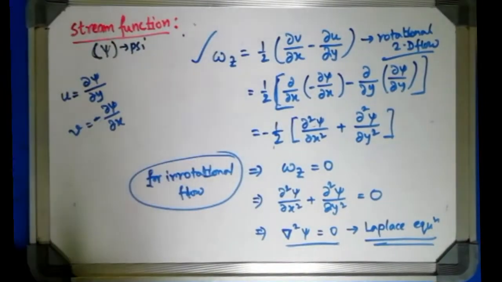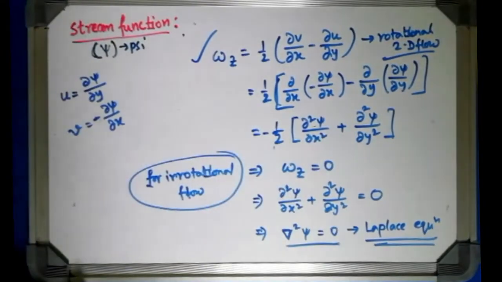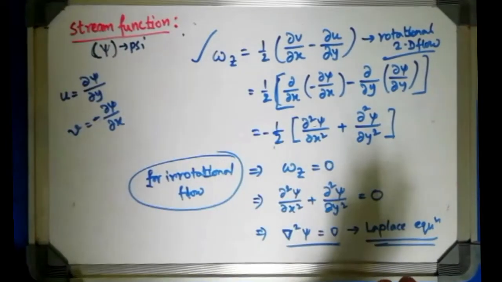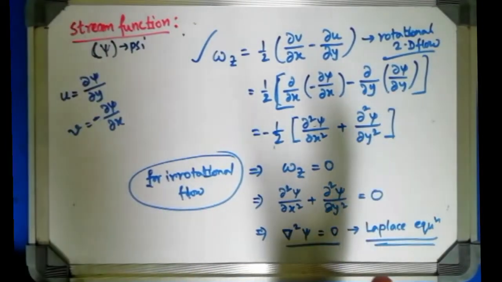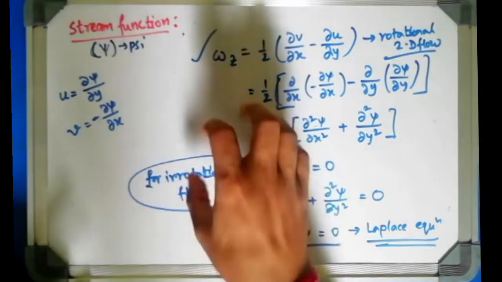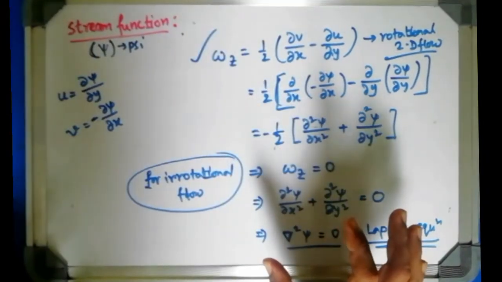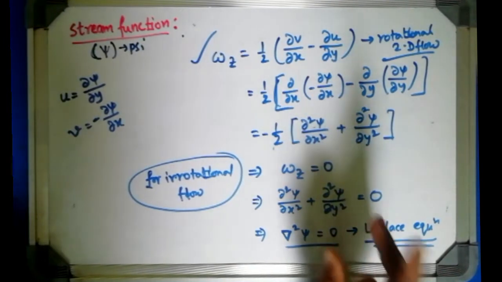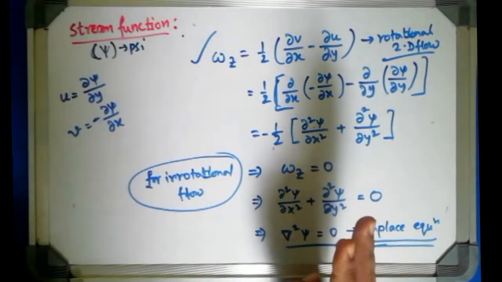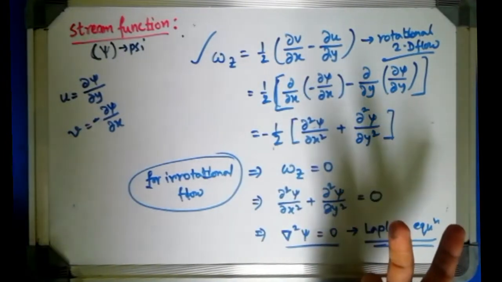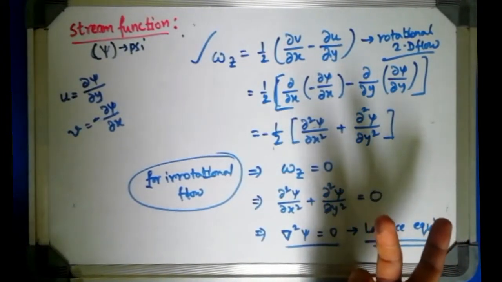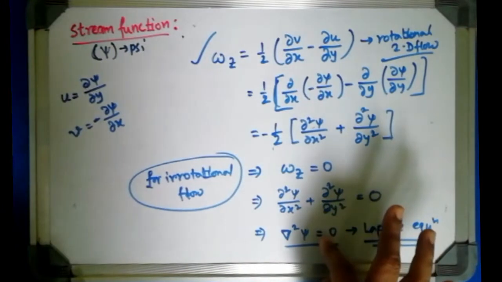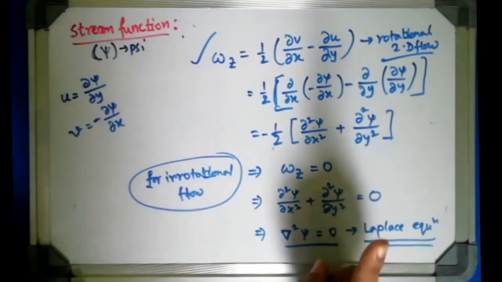That is property number 2 I wrote a few minutes back. As a whole, we can pull out some points: the stream function exists for 2D flow only. The flow can be rotational as well as irrotational. But if it satisfies the Laplace equation, then we can say the flow is irrotational.